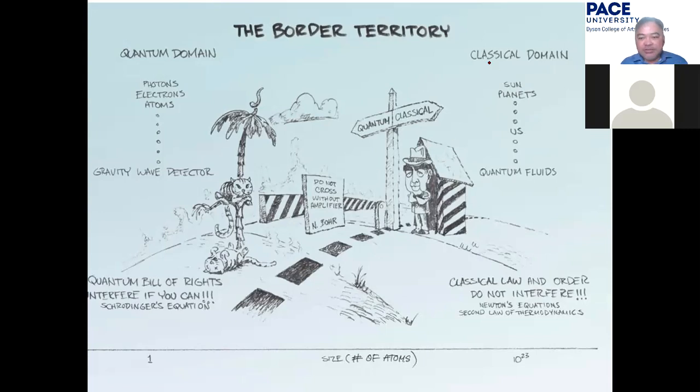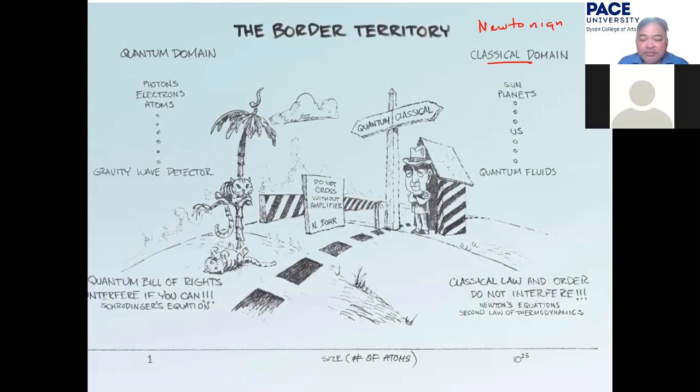So the classical domain, this is Newtonian, and you're going to encounter this when you take your Physics 1, Physics 2. It explains the big items like the sun and the planets. That is the reason why it cannot explain the Rutherford model, how the electron maintains its stability in a given atom.